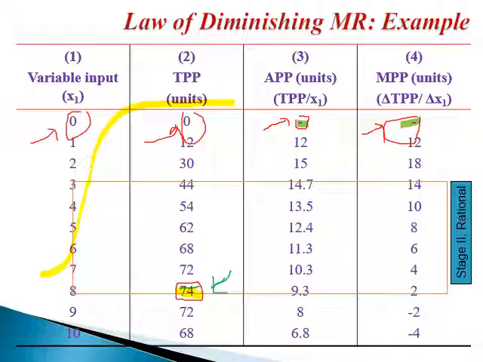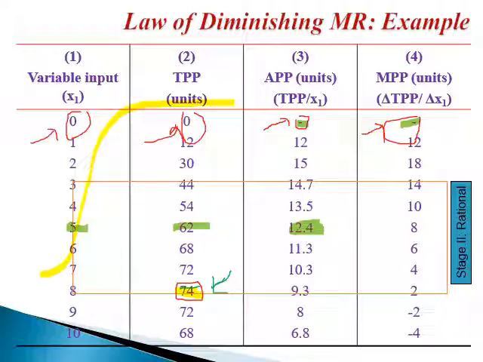Now, if I want to ask you, for example, to explain the meaning of 12.4 that is right here. It means that if I use 5 units of the variable input, which allowed me to produce 62 units of output, then 12.4 is the average contribution of the single unit of the variable input.